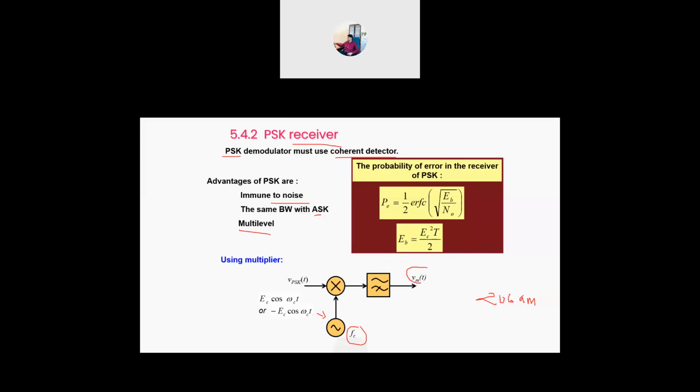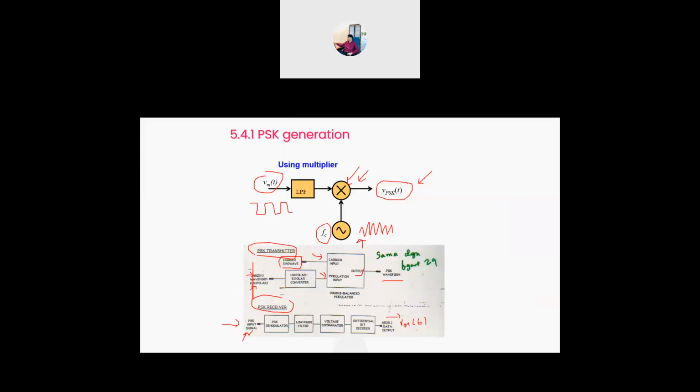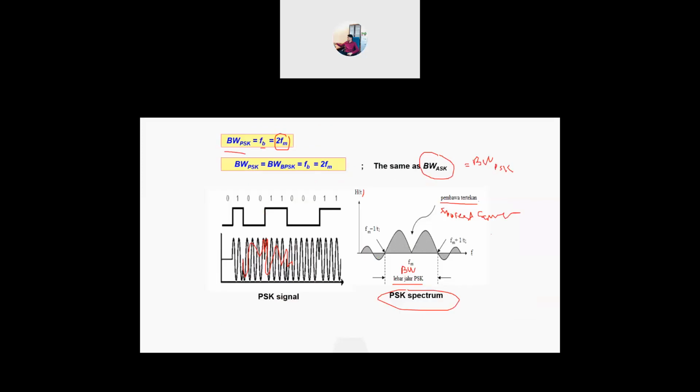Sorry, this one is either this one here. I want to check first. This is the following.